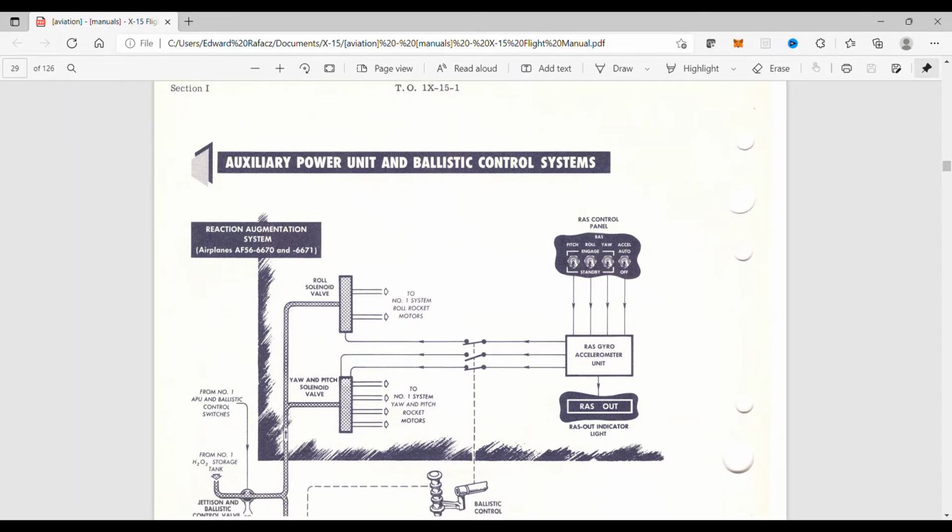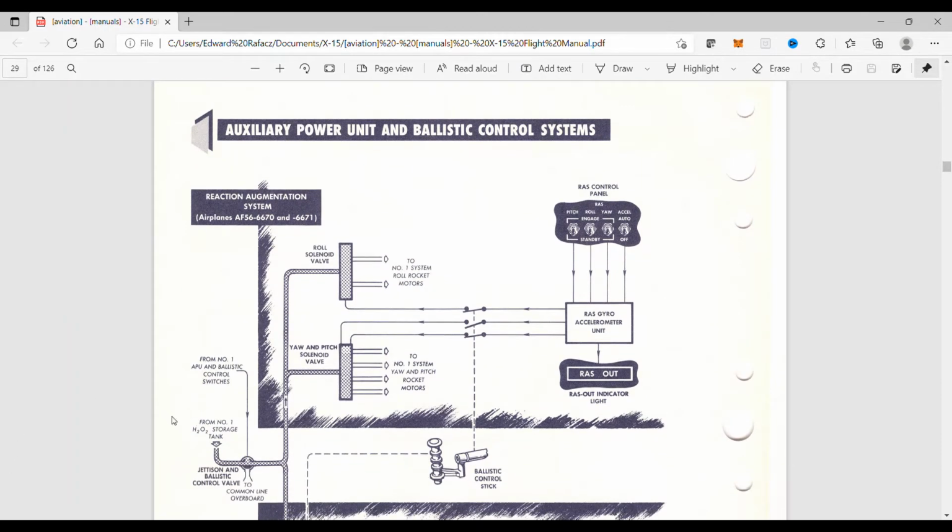Hydrogen peroxide from the storage tank, or H2O2, is used as a propellant in the reaction control rockets or thrusters. The thrusters were used when aerodynamic forces were reduced at high altitudes.